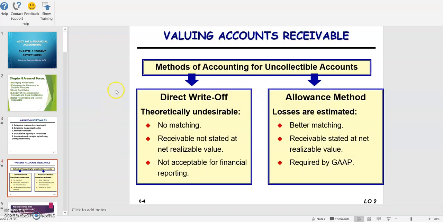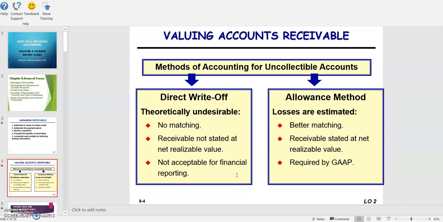When it comes to valuing accounts receivable, there are two methods for accounting for uncollectible accounts. We have the allowance method, which is the main method that you want to focus on in our class. You can basically ignore the direct write-off method because the allowance method is a method that should be used.